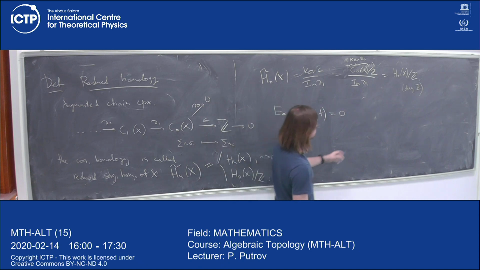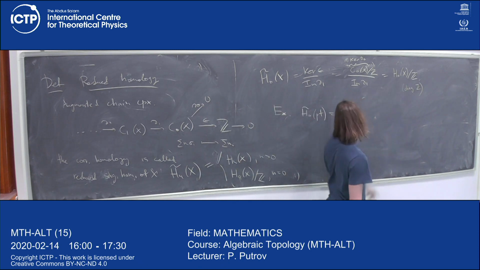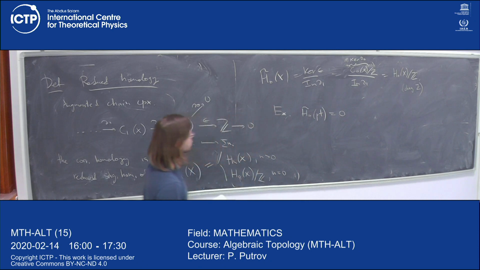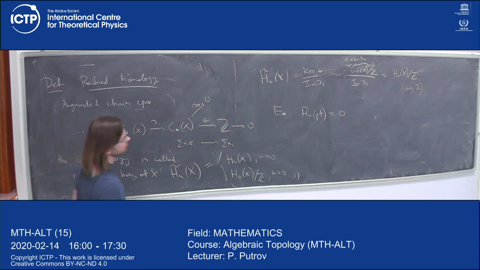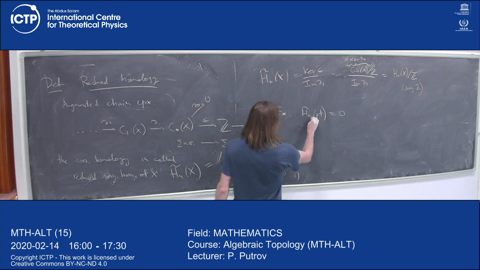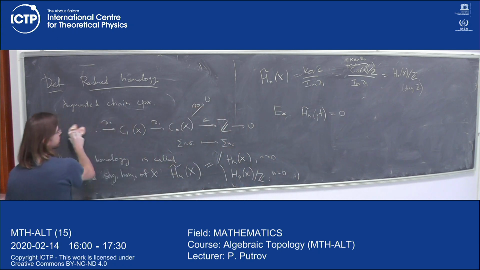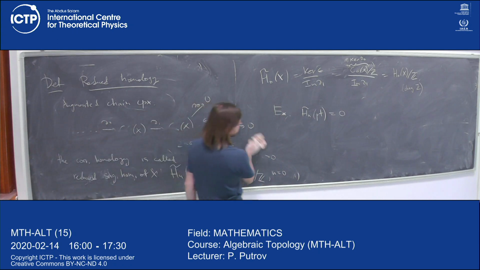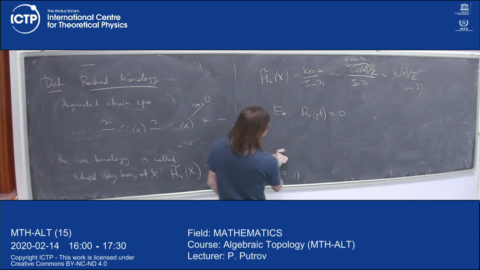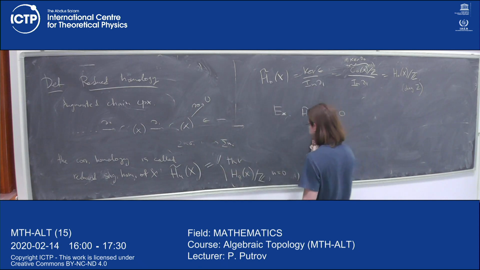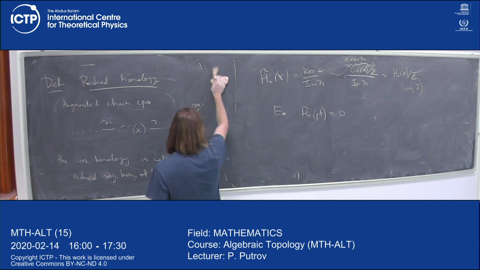Because the non-reduced one was 0 except when n equals 0, where it was Z. Now we divide it by Z, so it's just 0.